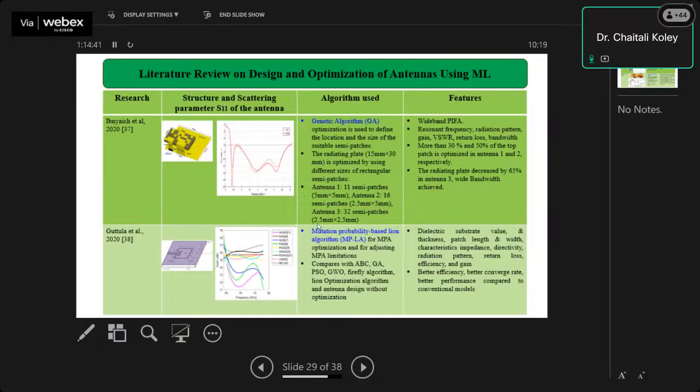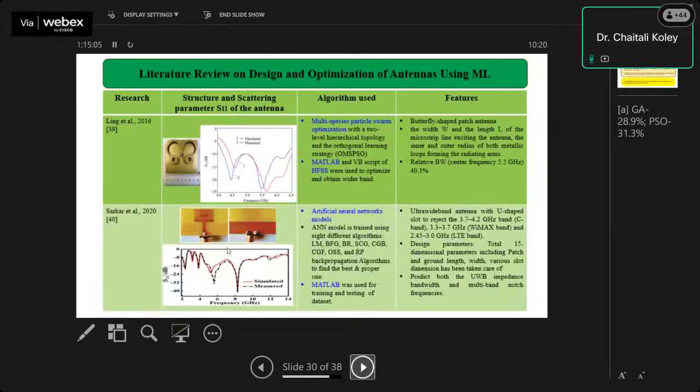This algorithm they have compared with other algorithms like the ABC algorithm, PSO, then GW. They showed that their proposed algorithm has better efficiency and better coverage rate. So these are about the antennas they have utilized.